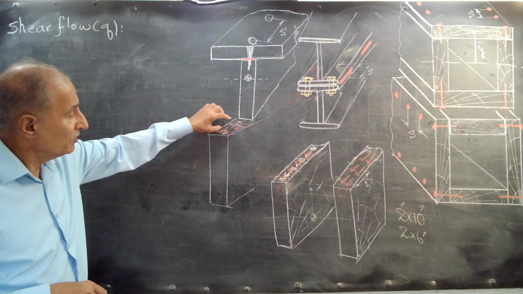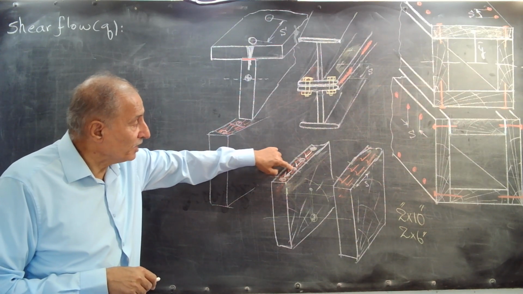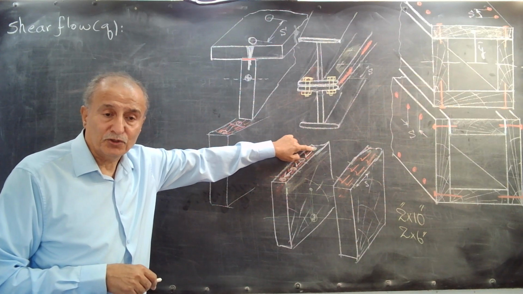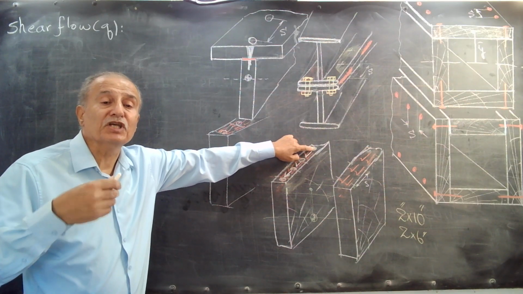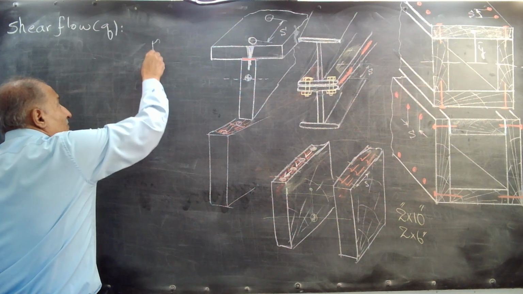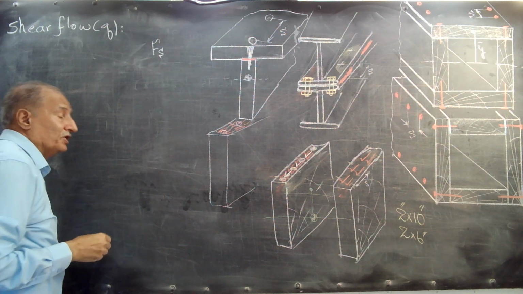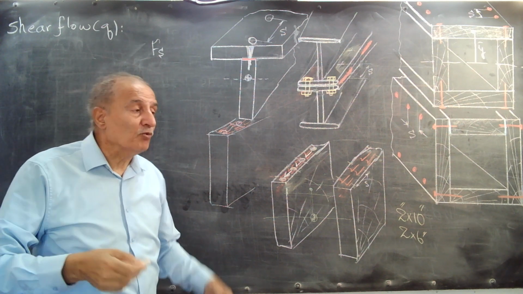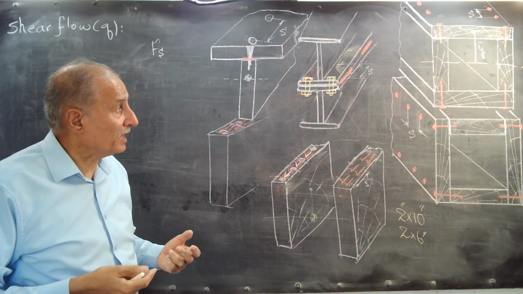Then we know what type of fastener we are using, and we know the shear strength of the fastener. We call it Fs. How many we are using depends on the design.